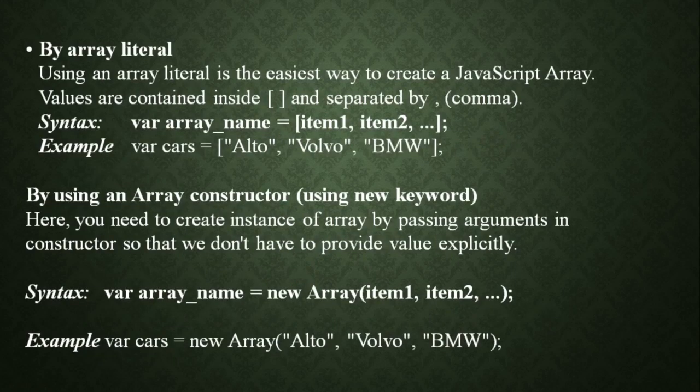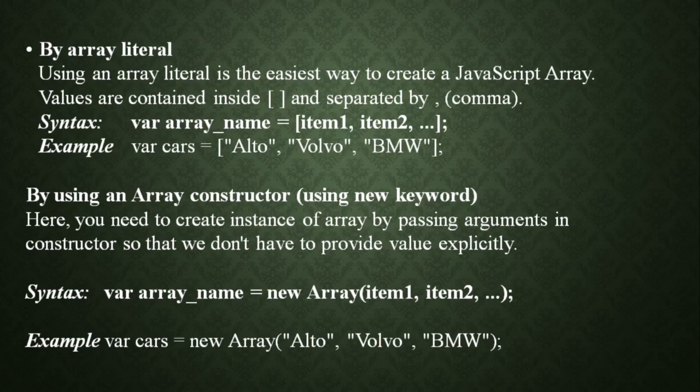By using a literal. Here, if you see the example, array name equals to a subscript with item 1, comma, item 2, and so on, item n. Terminate with a semicolon. An array literal is the easiest way to create arrays.